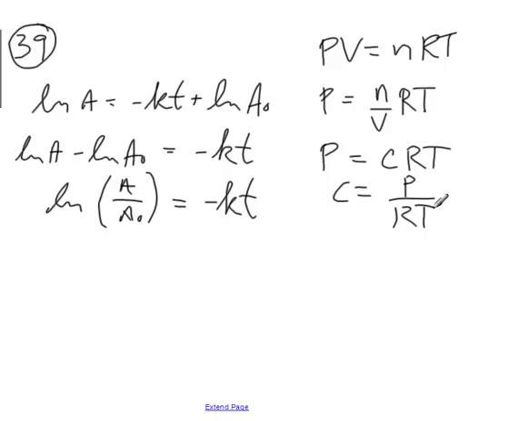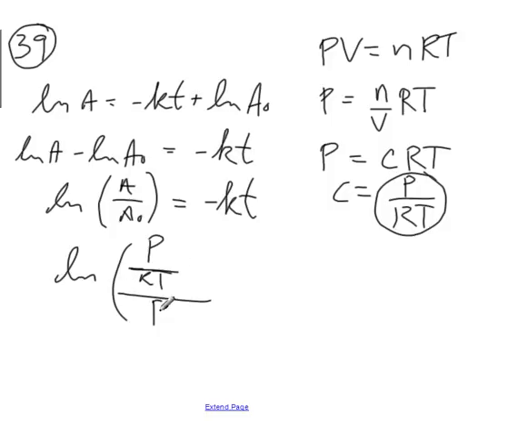Do you follow that? Victoria, do you understand what I just said? I'm saying that if we take that expression for concentration and substitute it for A and for A0, we're going to get the natural log of P divided by RT divided by P0 divided by RT.